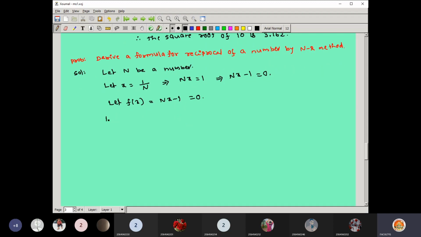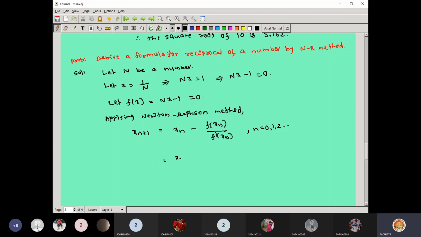So directly applying Newton-Raphson method, your formula is xn plus 1 equal to xn minus f of xn by f dash of xn. Here n takes the value 0, 1, 2 and so on.